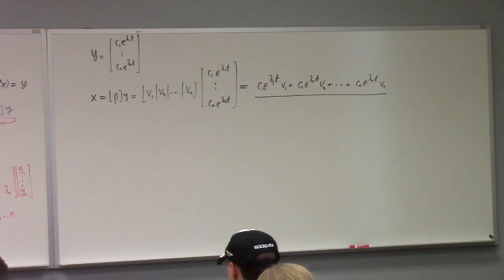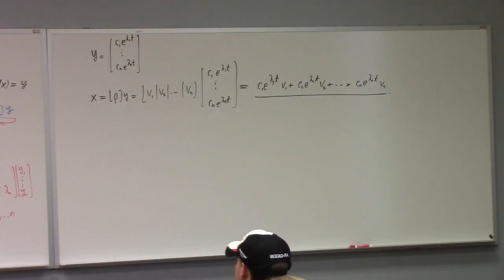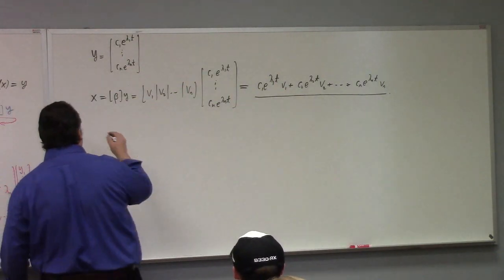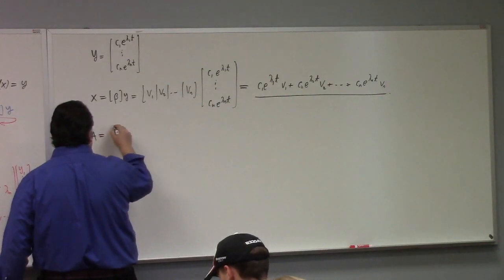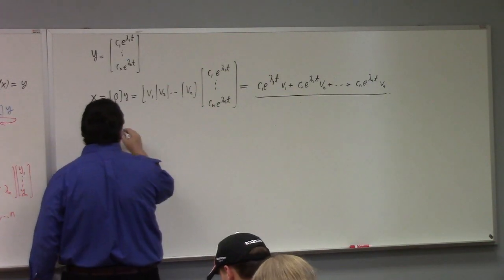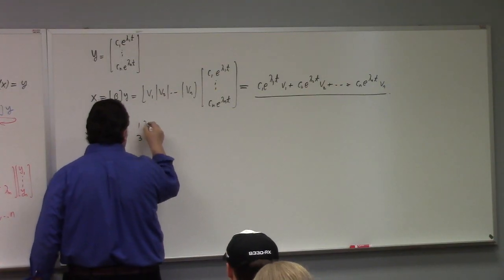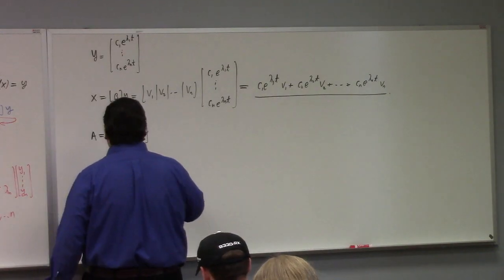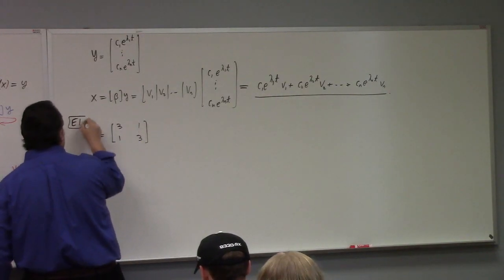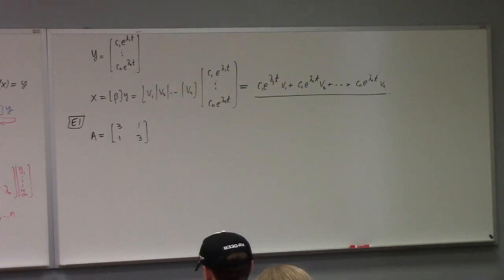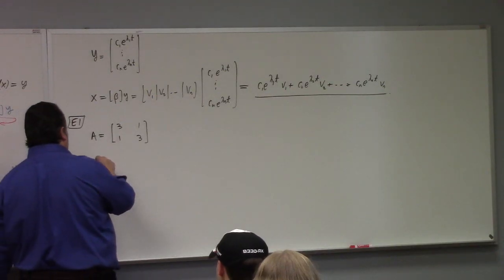Let's see if I can find you guys a problem here. Suppose we have A equal to, let me just make something up here, 3, 1, 1, 3. I don't think I've done this one yet. Let's see if we can diagonalize this matrix. So we calculate the characteristic equation.